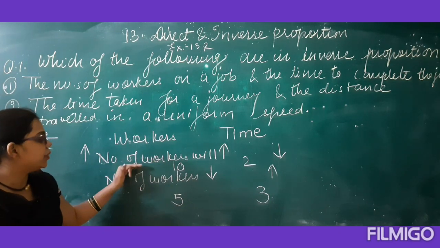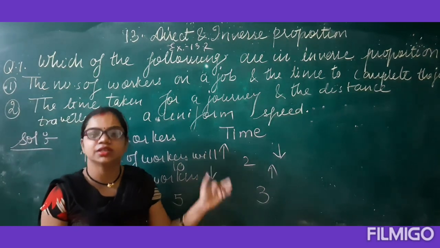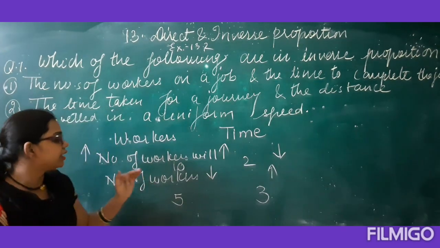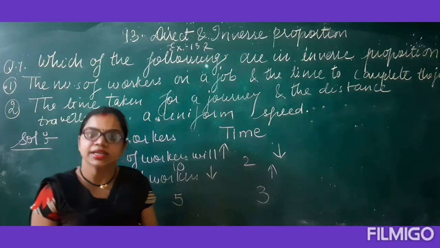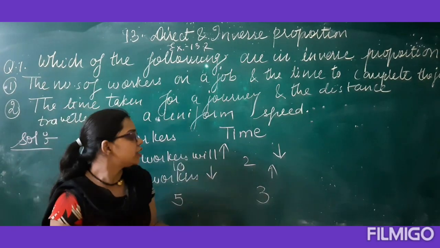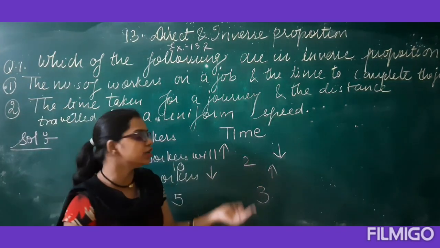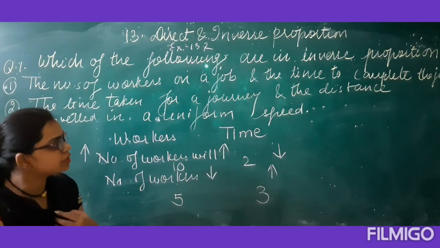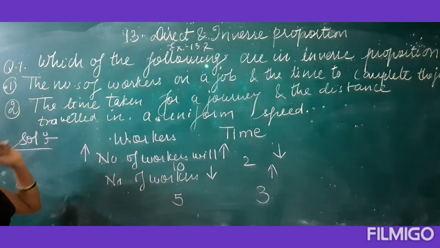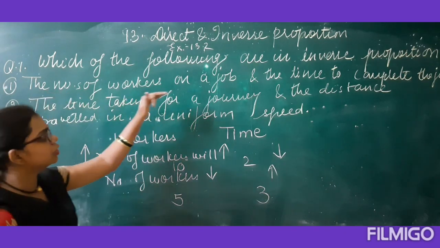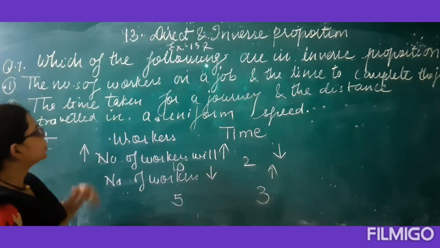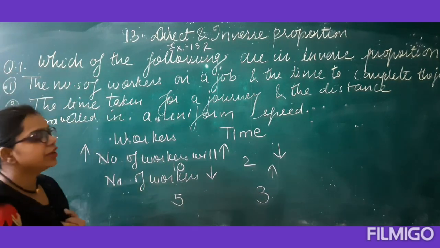So here, if I increase the number of workers, the time will be decreased, and if I decrease the number of workers, the time will be increased. More workers, less time; fewer workers, more time. So here we are facing an inverse proportion. In this question, the number of workers on a job and the time to complete the job are in inverse proportion.